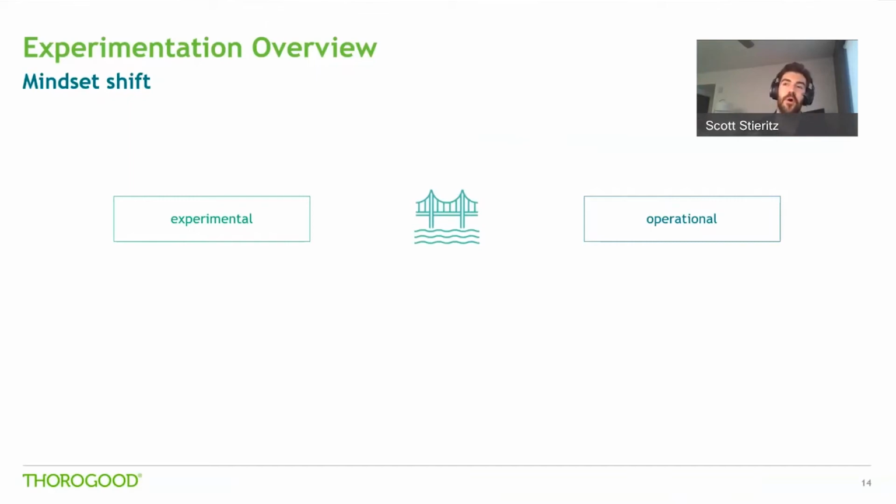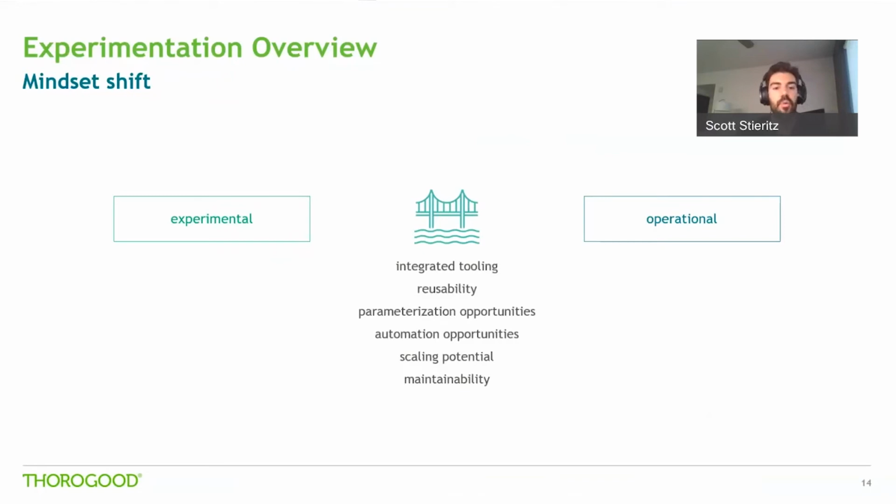So if you need to wait until you've found something valuable to productionize it, then there's quite a bit of delay. There's quite a bit of effort that goes into it. Things lose momentum. But if we can build those bridges in parallel, so things like working within integrated tooling, doing our experimentation in environments that have established pipelines set up, identifying opportunities for parameterization, even if we don't take every single one of those opportunities, same with automation, identifying the potential for our solution to scale out.